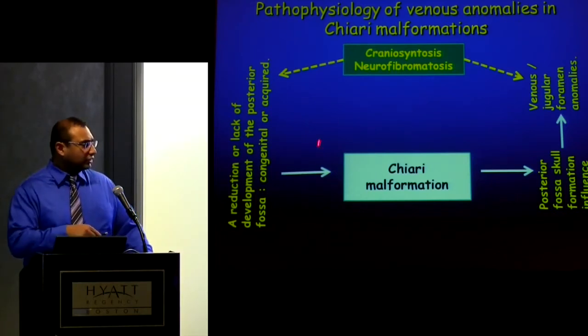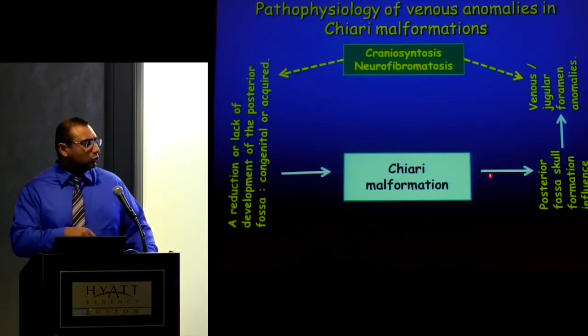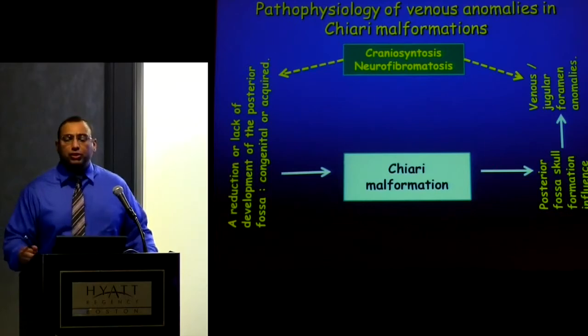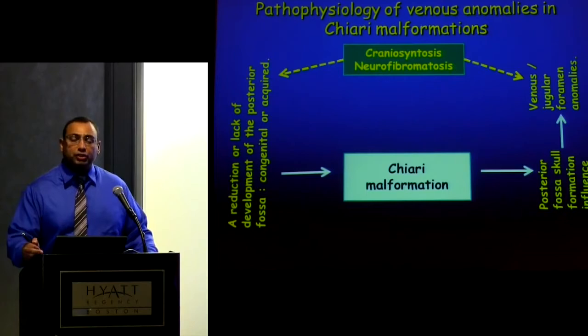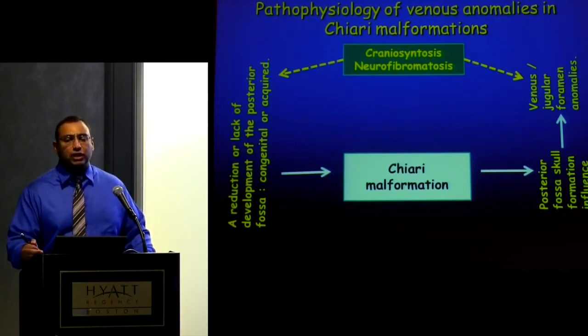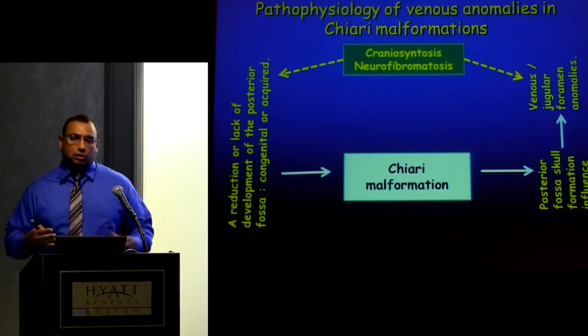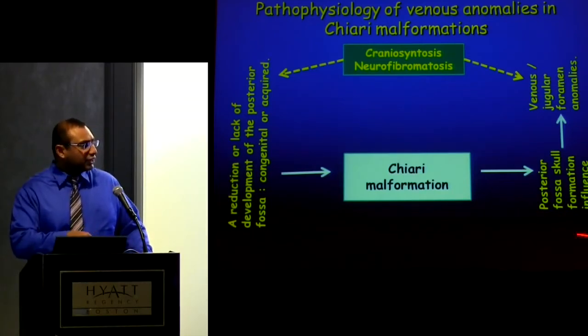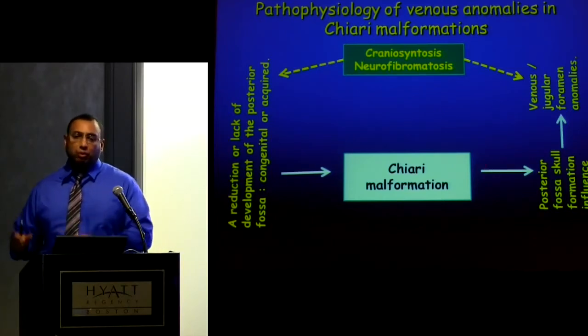The other thought is that the Chiari malformation is precipitated for various reasons, but nonetheless the abnormal formation of the posterior fossa, particularly the skull bones, which influence the development of the venous parts of the posterior circulation and continue even after birth, is impaired because of that defective interaction between bone formation and venous channel formation.